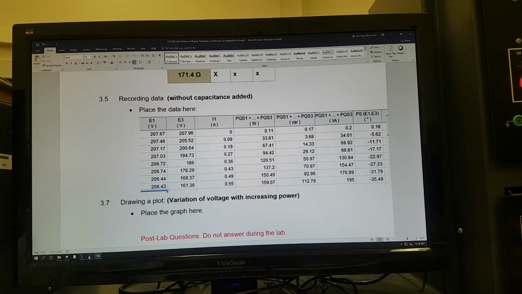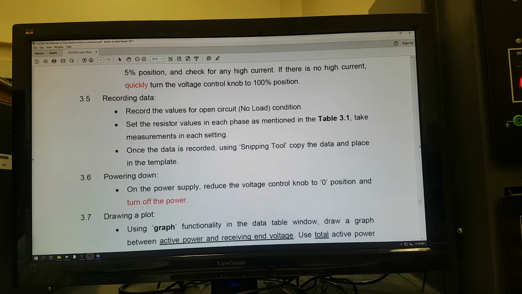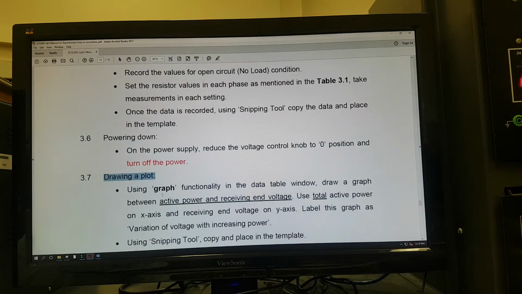So what is the next step after that? Plotting, drawing a graph between active power and receiving end voltage.